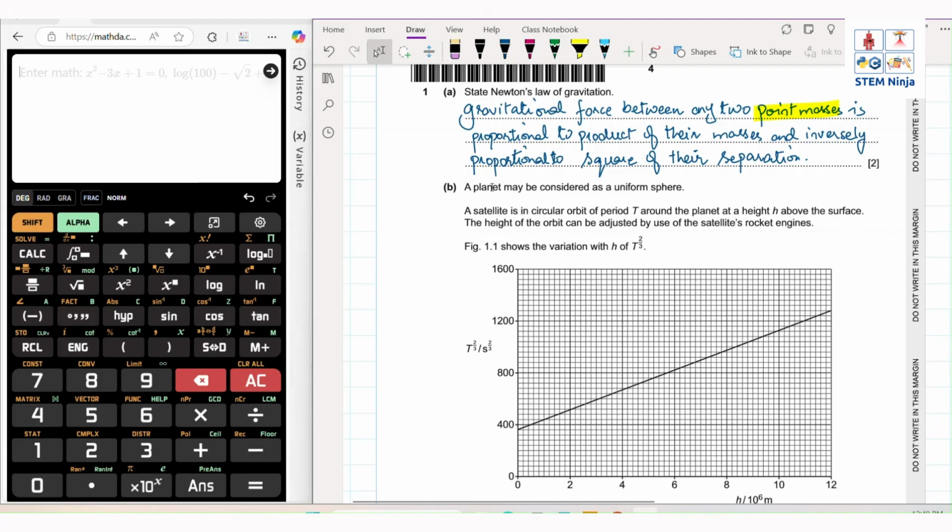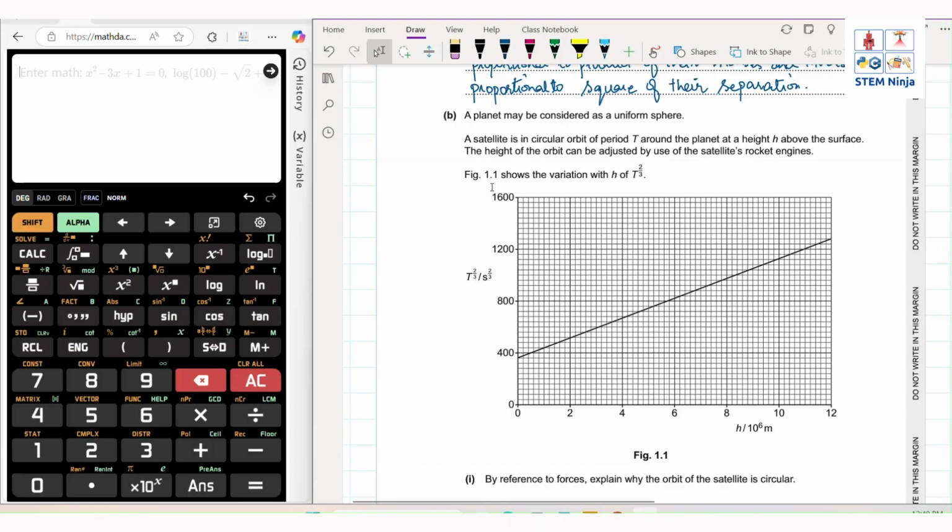Now, let's see. A planet may be considered as a uniform sphere. A satellite is in circular orbit of period T around the planet at a height h above the surface. So this keyword over here is very important. Above the surface means that this is radius plus the height h.